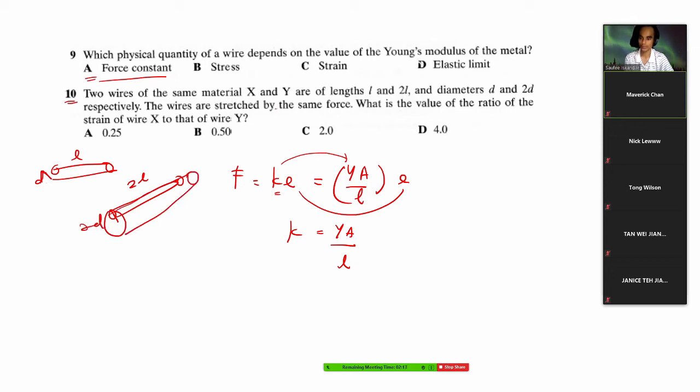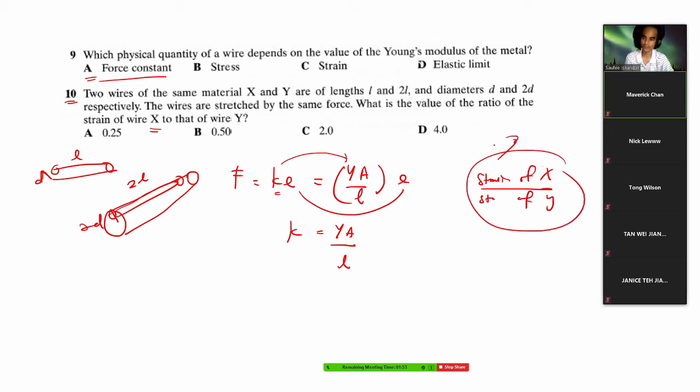The wires are stretched by the same force, F equals constant. What will be the ratio of the strain of wire X to wire Y? Now we are asking for the strain of X divided by the strain of Y. So this is what the question needs, the value.